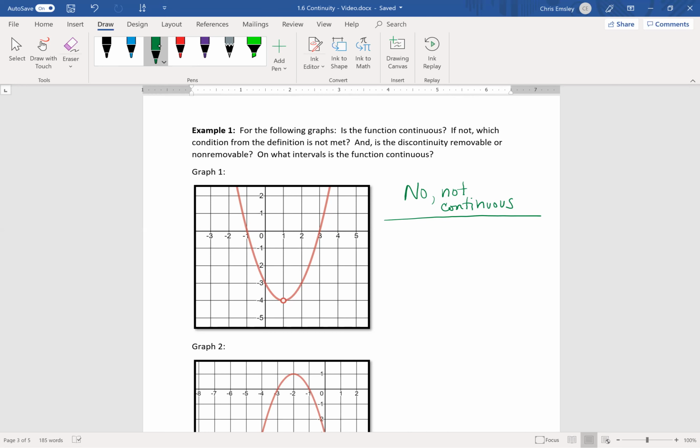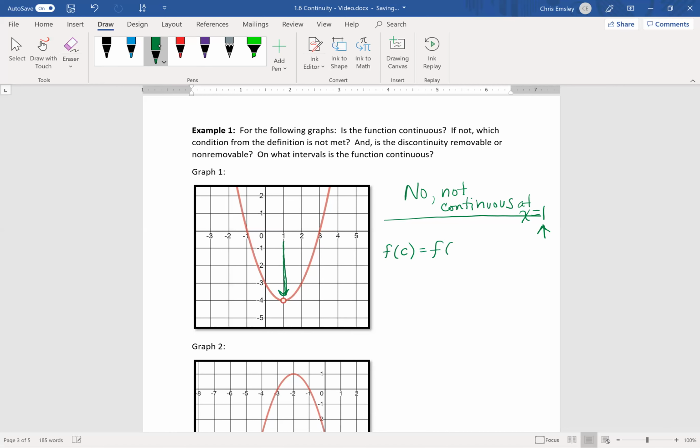So the discontinuity, we can see it's not continuous right here at this point. So that's at x equals 1. It's not continuous at x equals 1. Okay, so that's going to be the letter c that we're looking at. So the first thing we need to see, does f of c exist?